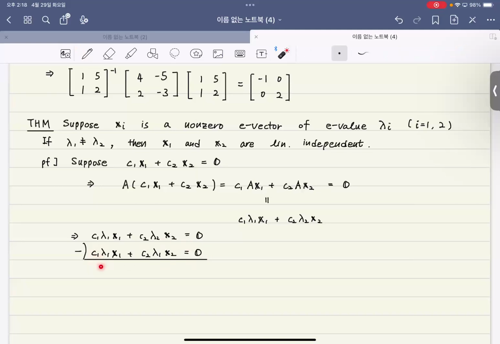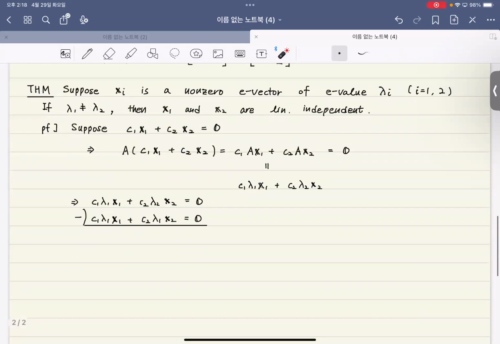I obtained this second equality by multiplying both sides of this by lambda 1. And by taking the subtraction, this guy minus this guy equals 0, and C2 times lambda 2 minus lambda 1 times x2 equals 0.